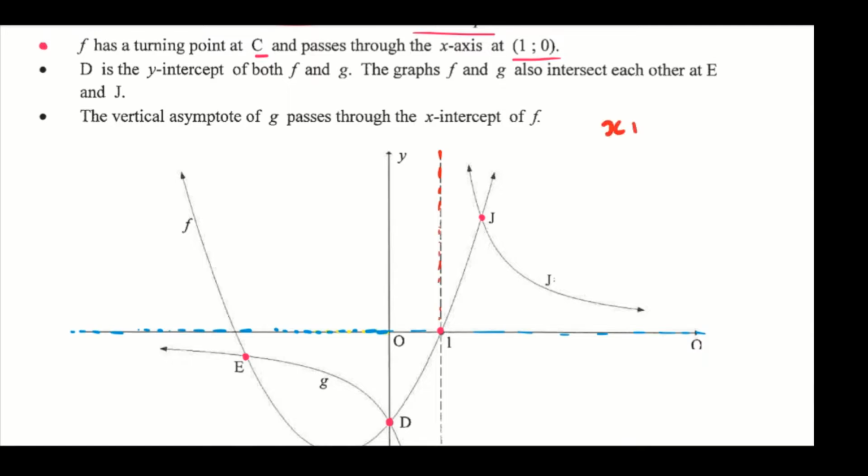We know x plus P is equal to 0, and we know that the vertical asymptote is equal to 1. So if you take this 1 to the other side, we have x minus 1 is equal to 0. So the P value is actually minus 1. So this is the value of P, right?